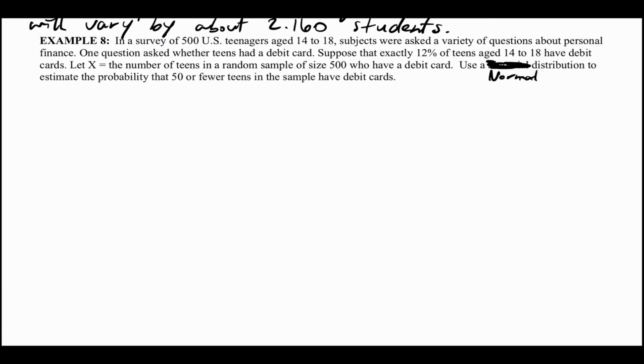So is this binomial? Is it binary? Is it independent? Is there a fixed number? Is the probability of success always going to be the same? So what's the probability that one of the 500 has a card?